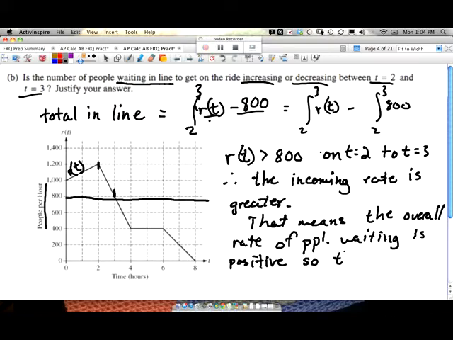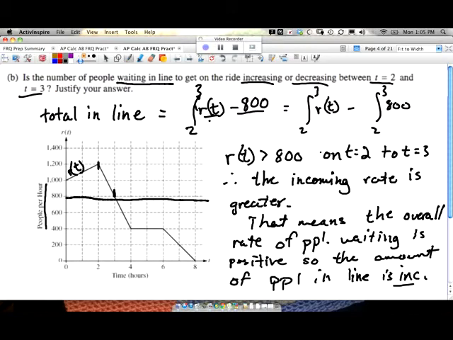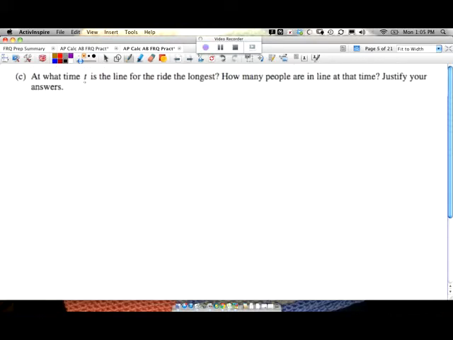So if the rate is positive, that means the amount of people in line is increasing. Because the rate is positive, the amount is increasing. So that's kind of like a fundamental theorem of calculus kind of thing going on there, the relationship between the derivative and the original function. Let's take a look at the next one.